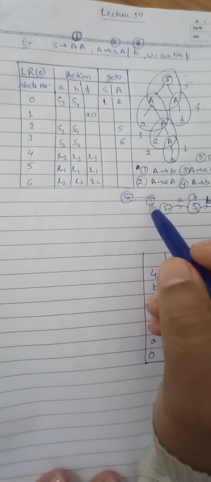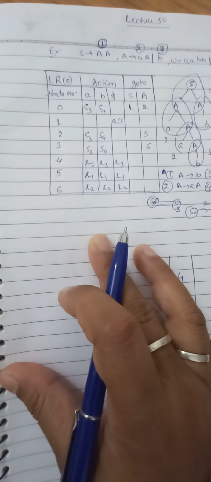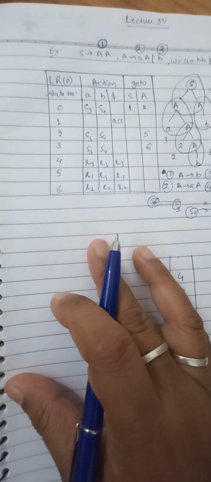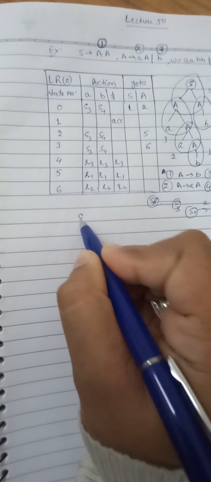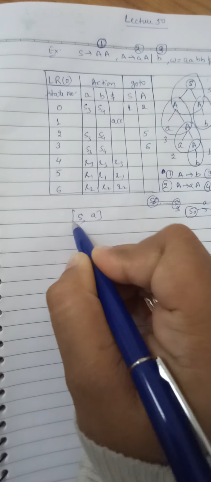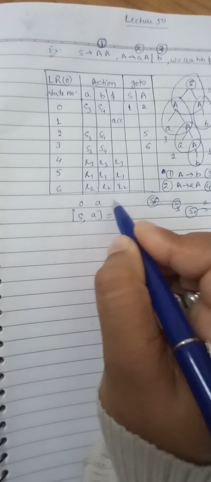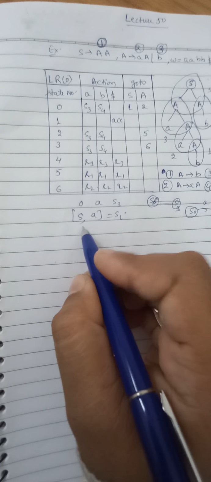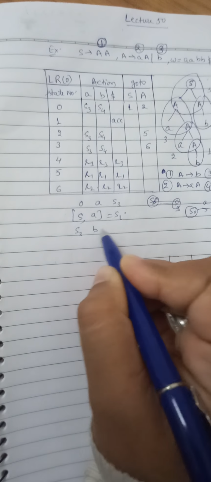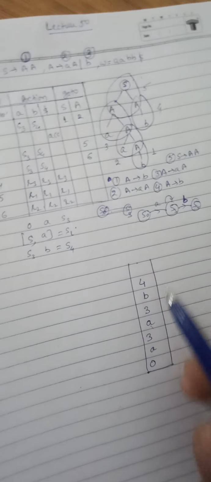So here we are first doing just the production, how it is going on, and from the rules we can simply say what rules we have. We have the action: from which state we are going to which state by transition. So from 0 on A we went to S3, and from S3 on B we went to S4.